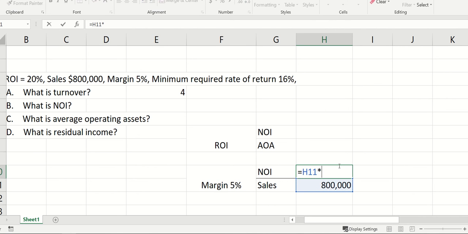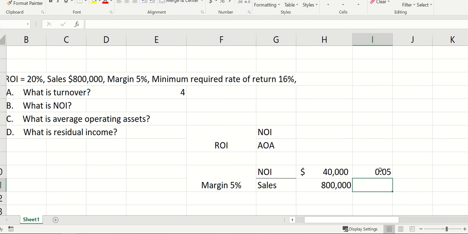So I'll do 800,000 times 5%, and so I have 40,000 net operating income. I can double check that if I wanted to: 40,000 divided by 800,000 would give me 5% margin, and so my net operating income would have to equal 40,000.